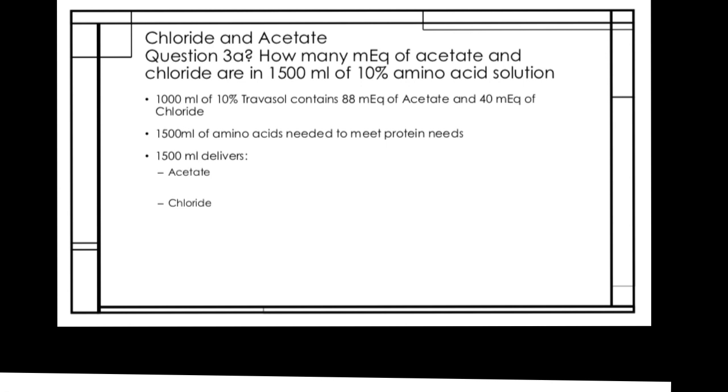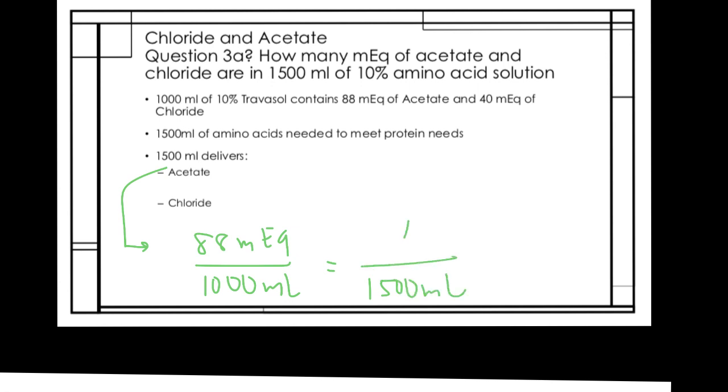So let's start with acetate. You know that there are 88 milliequivalents per 1,000 milliliters, and a 1,500 mL bag would give you how much? Solve for X, 132. Makes sense because it's bigger. Bigger volume means bigger amount. What about the chloride?